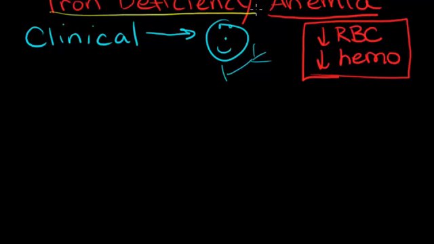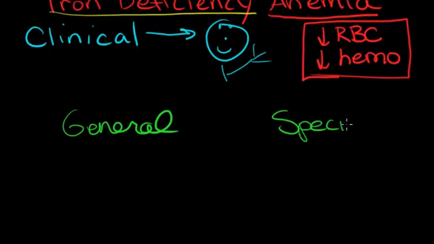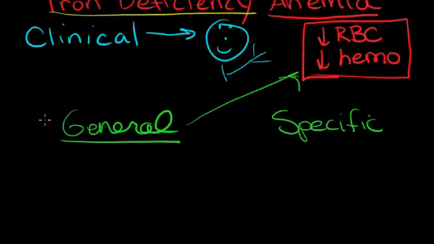I find it very helpful to divide your signs and symptoms in that way, into your general versus your specific. Your general ones, again common to all of the anemias, are the ones that are going to alert you to a problem in this person.